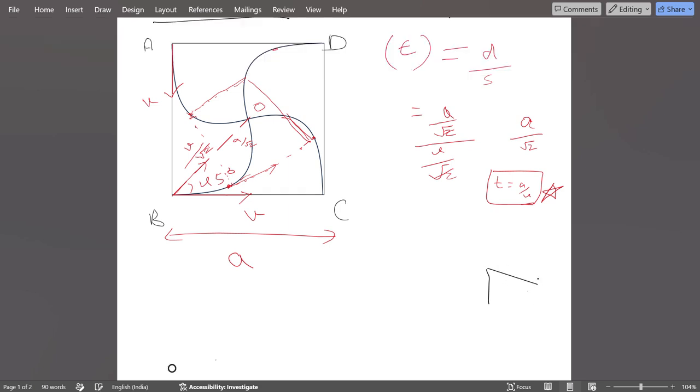Like say at the initial state, it is like this. Then it becomes like this. Then it becomes like this. Then like this. And so on, and it spirals into the nucleus. So what is happening is the square is rotating and decreasing in size.